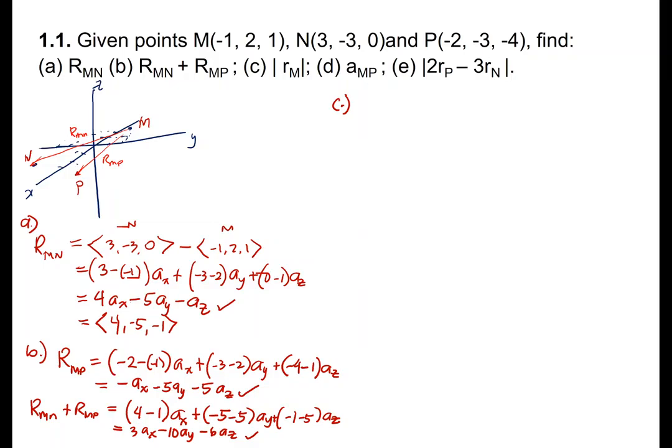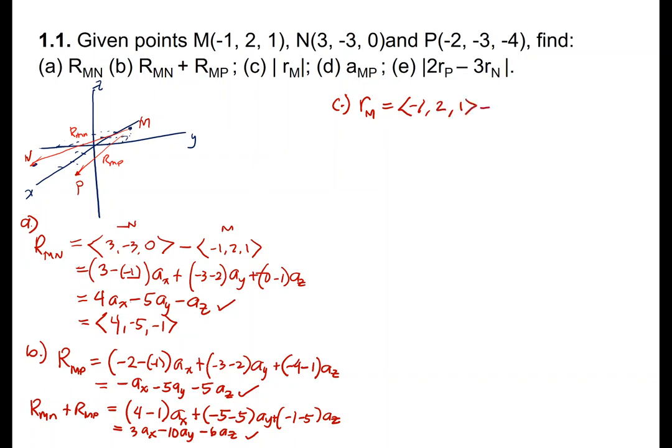This RM is a vector, which we call the directional vector, or the vector from origin to M. If only one point, in this case RM, so this is the vector from 0 to M. So we can directly write vector M, so we write vector negative 1, 2, and 1.